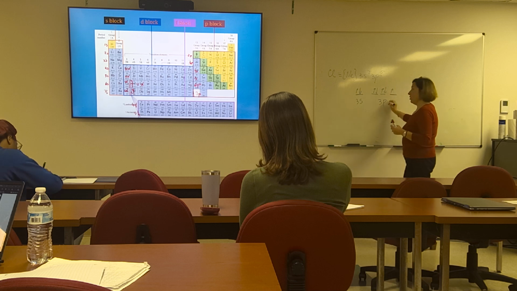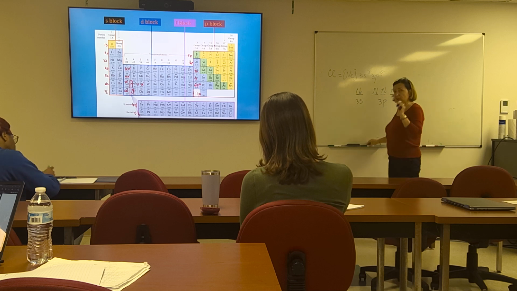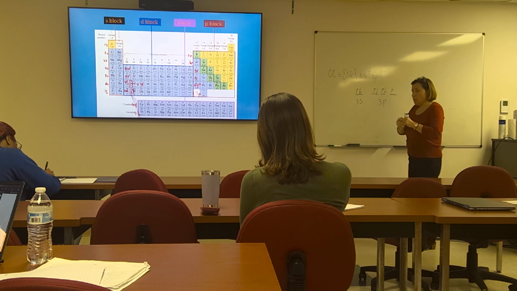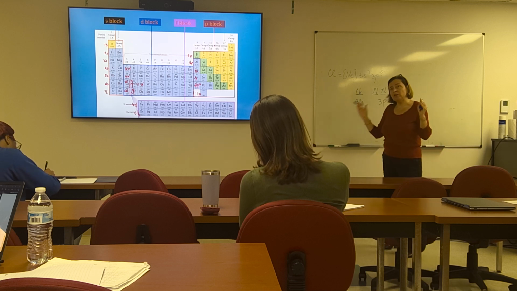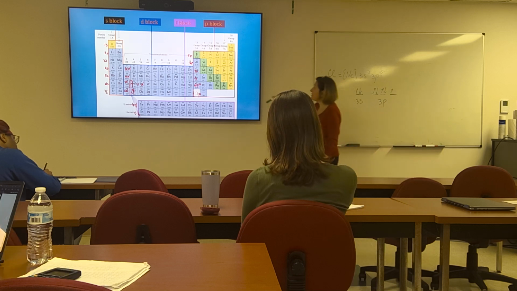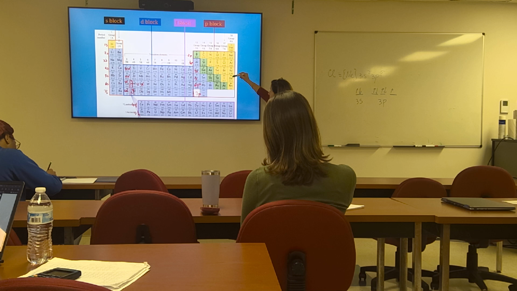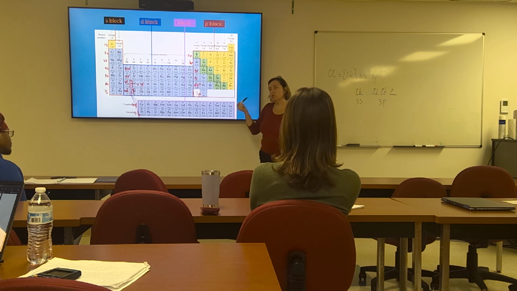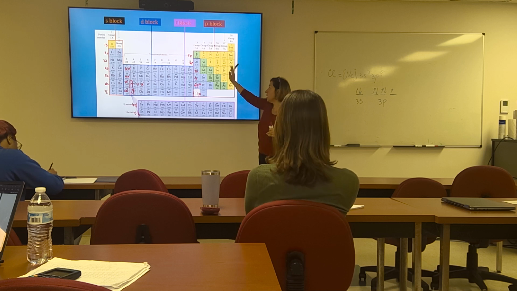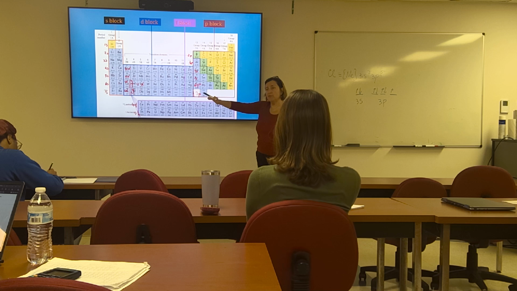A p orbital is completely filled with electrons when it has 6 electrons. Orbitals that are completely filled with electrons are the most stable. That's why the noble gases all have this s2p6 configuration. That's why they are so stable. They're noble gases because the s and the p orbitals in all these noble gases are completely filled with electrons.